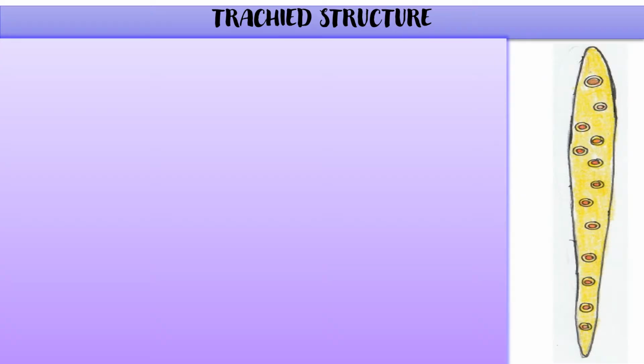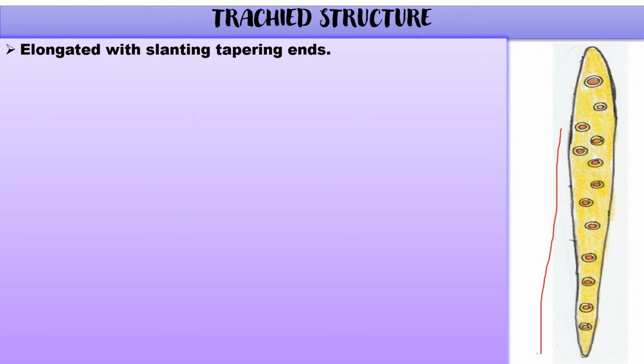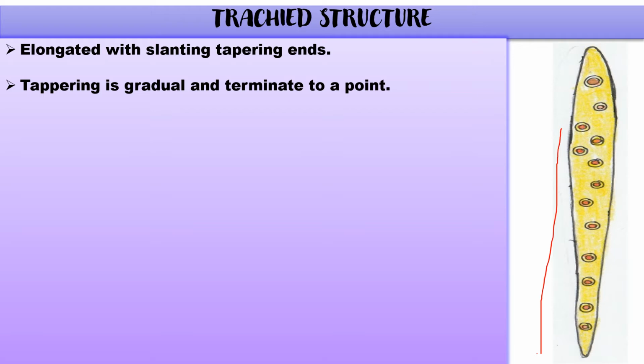Now let us look at the structure of a tracheid. The tracheids are elongated and have a tapering end. The tapering is gradual and it terminates in a point.